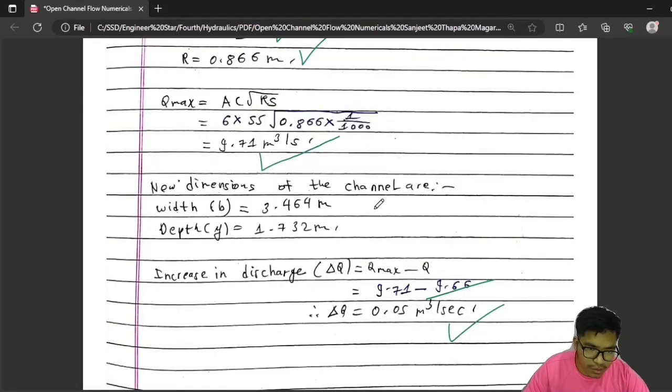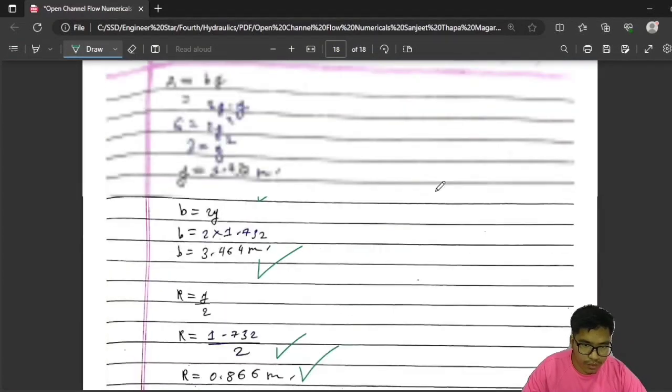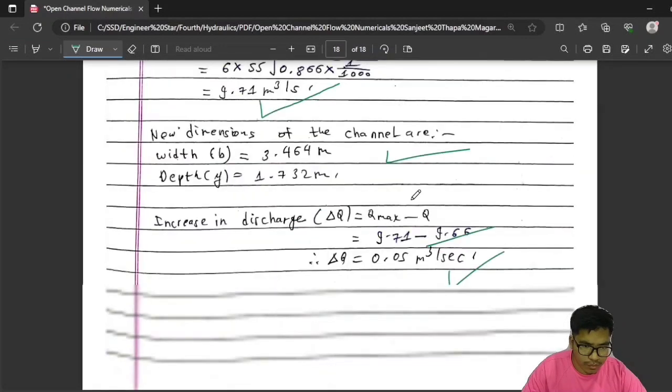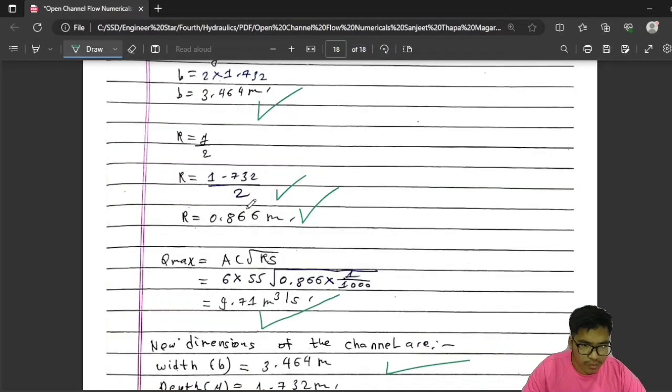And we needed to calculate the dimensions of the channel with this maximum discharge. So the dimension is width B is 3.464 and depth is 1.732.